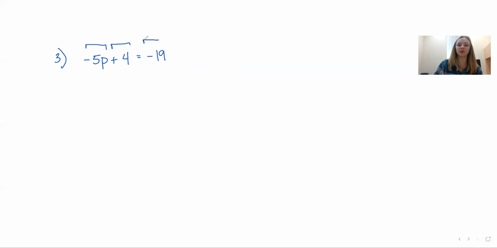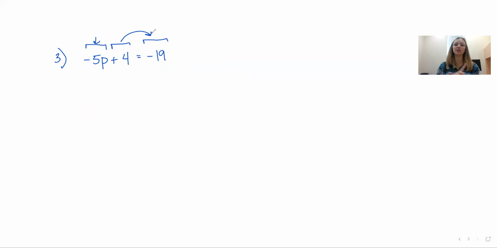And on the right side, we have our constant as well. What we want to do is get just the variables on one side and just the constants on the other. Since there's only one variable term here, I'm going to leave that on the left, and I'm going to move this plus 4 over to the right side. So all the constants are on the right.